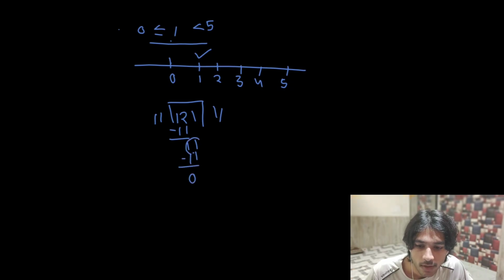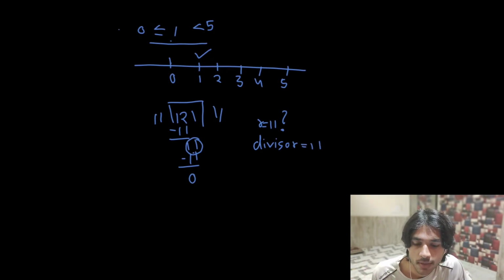See, if I get 11 here, that is the supposed remainder, this is not the remainder. And the divisor here is also 11. So when the supposed remainder is equal to the divisor, I simply multiply this divisor with 1 and get the divisor itself. And then when I subtract it from the supposed remainder, what do I get? 0. That's exactly the reason why the remainder can't be equal to the divisor.